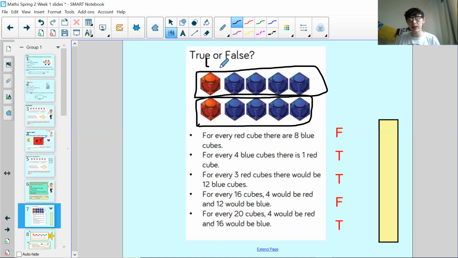So if I had another red cube here, then I would have another 4 blue cubes. So then for every 3 red, if I did have my 3 up here, how many blues would I have? I would have 12, okay? So that is true.